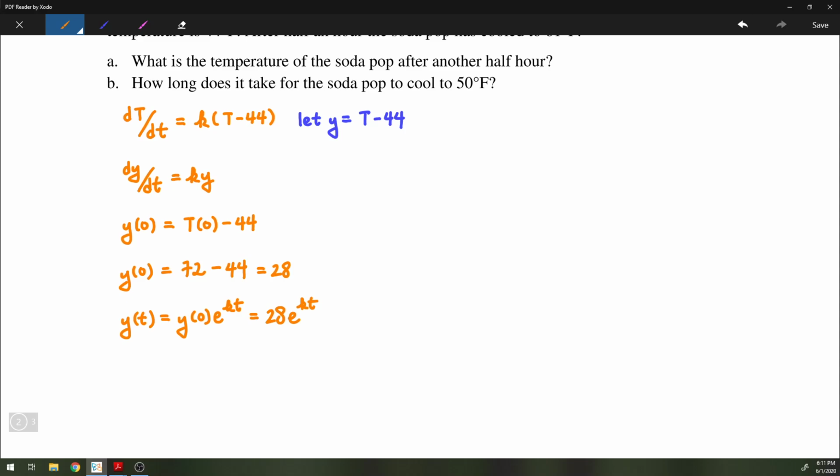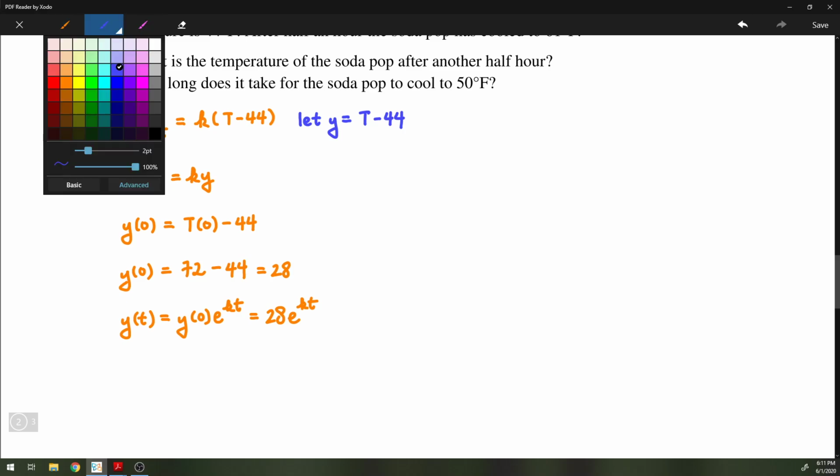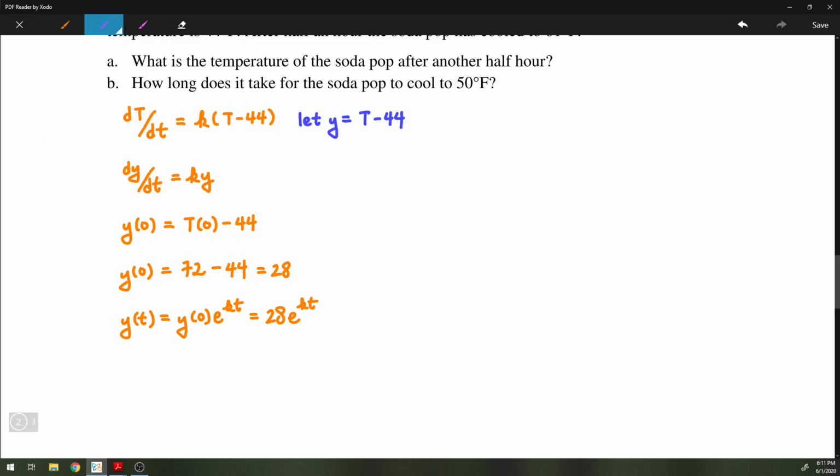So after 30 minutes, that's where we're going to begin here, T of 30 minutes is equal to 61. That means y of 30 minutes is going to be equal to 61 minus 44, which is 17.